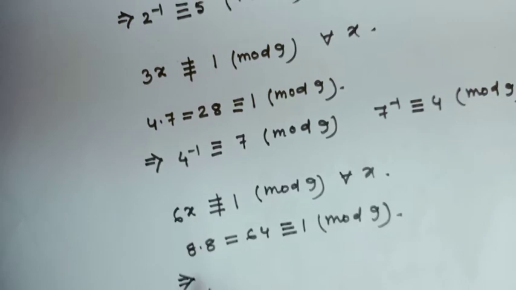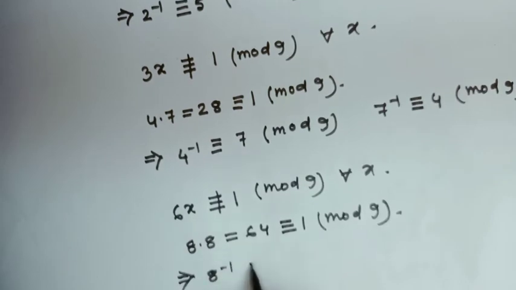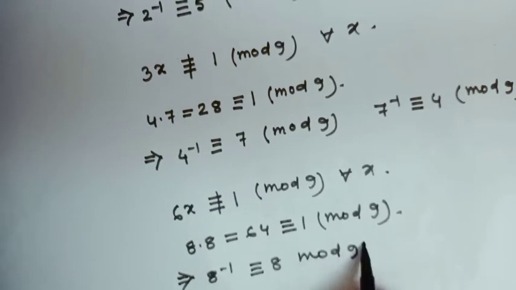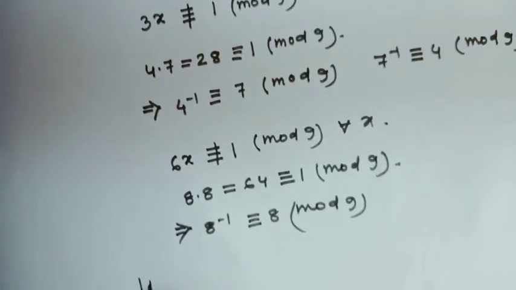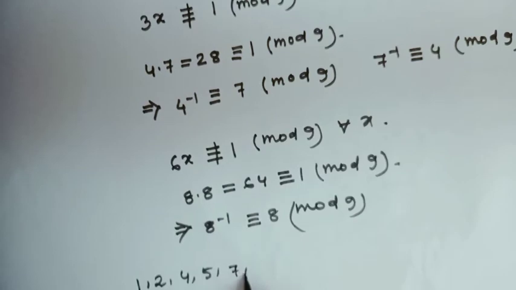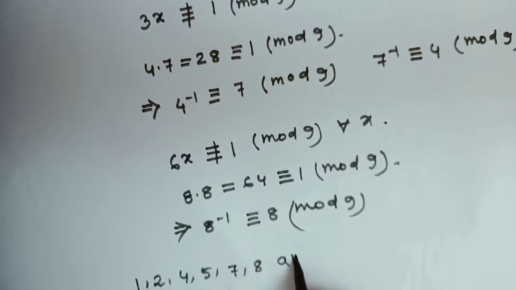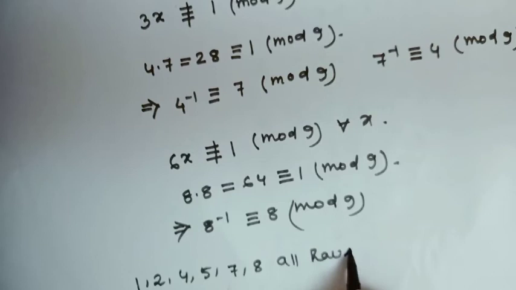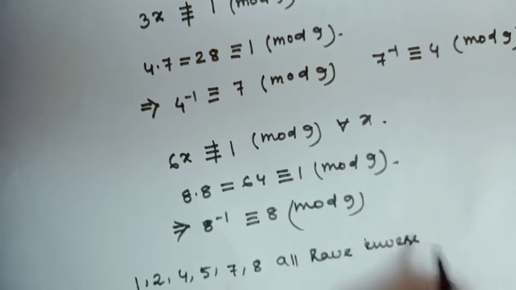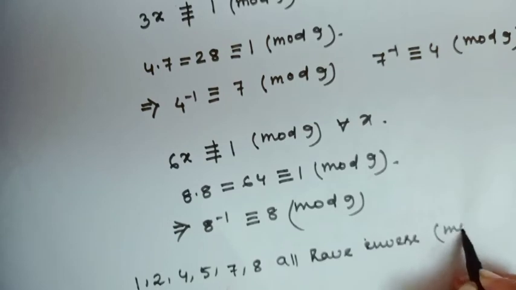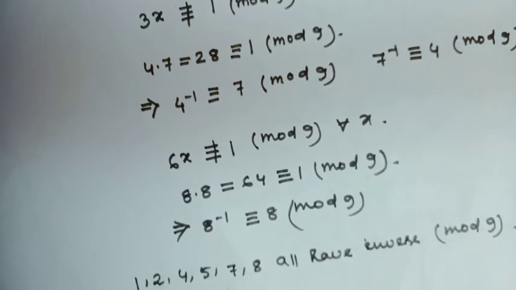Therefore 8 inverse is congruent to 8 modulo 9. That implies 1, 2, 4, 5, 7, 8 all have inverses modulo 9.